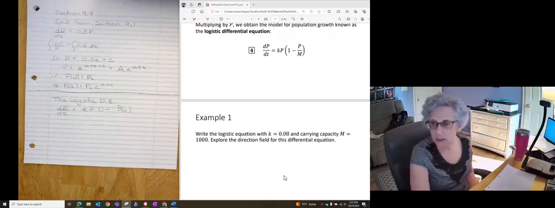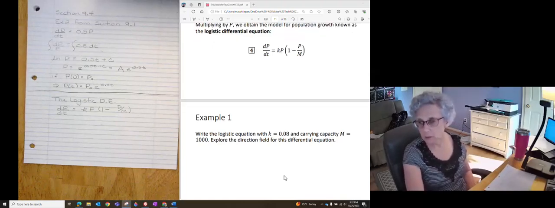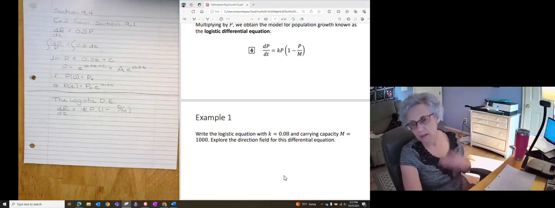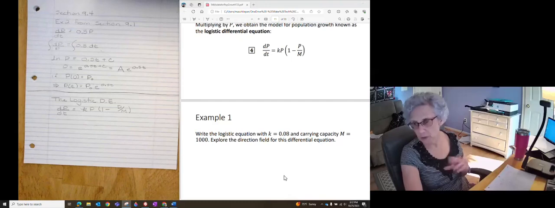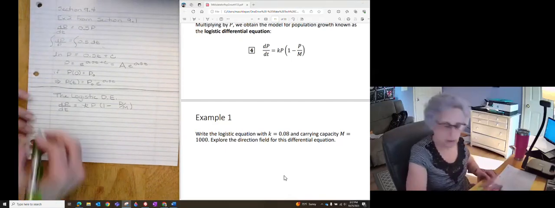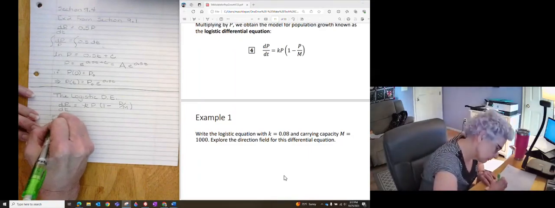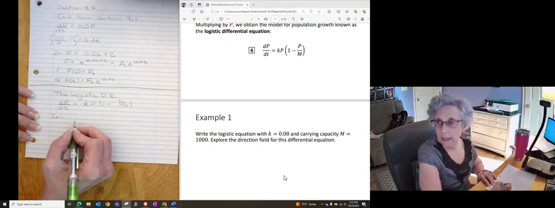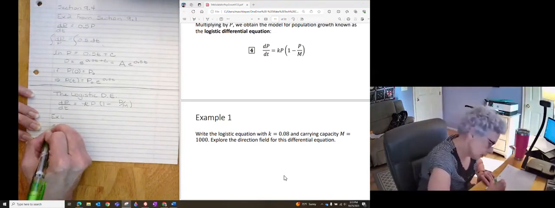Write the logistic equation with k equals 0.5 and carrying capacity M. This one says to explore the direction field. I'm not going to draw it, we're just going to present it and look at it. Example 1. My k is 0.08.